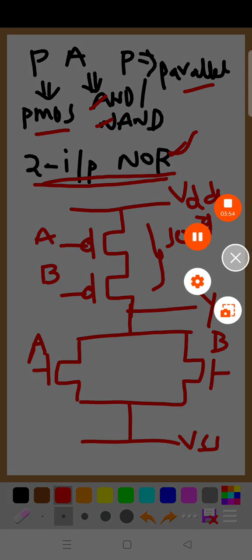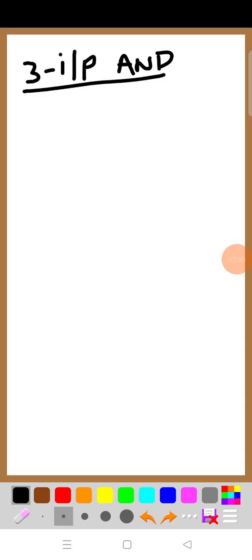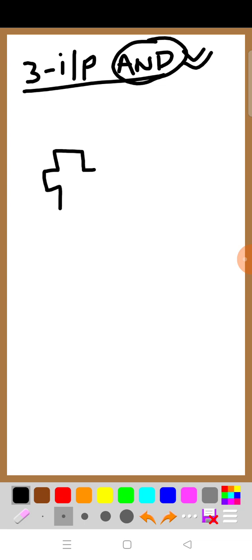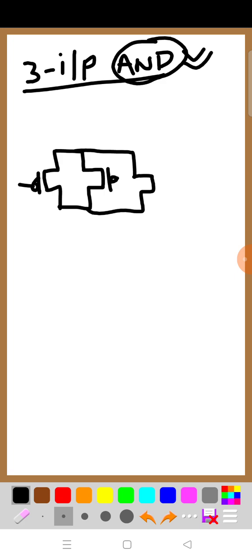You can observe very clearly here. Now you can observe that we have to design a 3 input AND gate. Let us understand this one. First of all, we will design a 3 input AND. We know that in AND or NAND, PMOS should be in parallel. Therefore I am considering 3 PMOS transistors: 1, 2 and 3 PMOS transistors in parallel. And it is given to what?